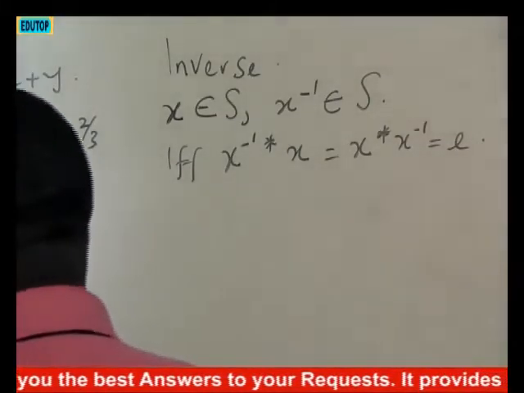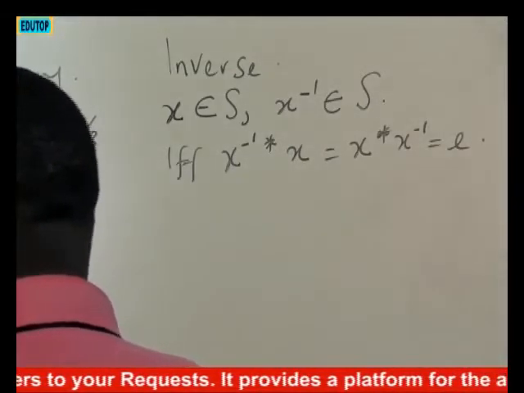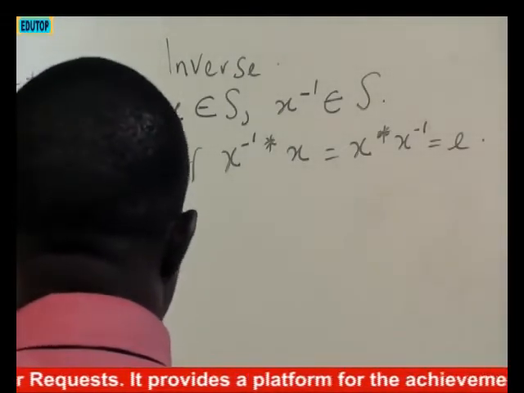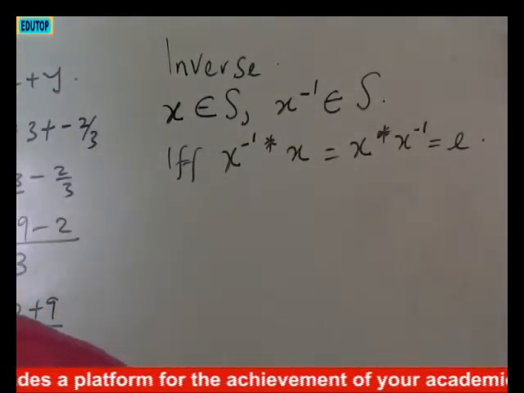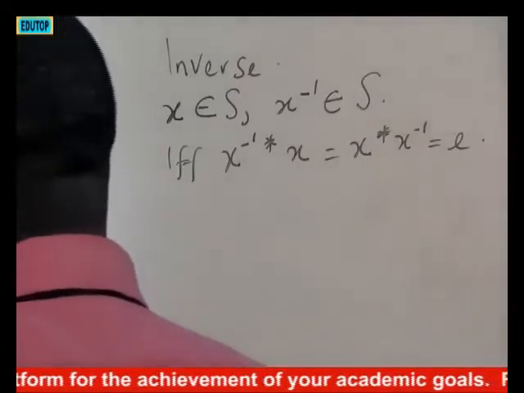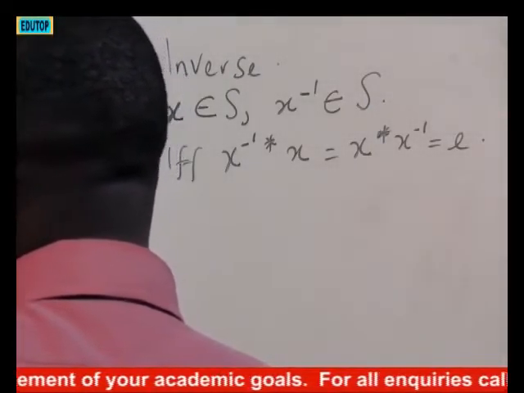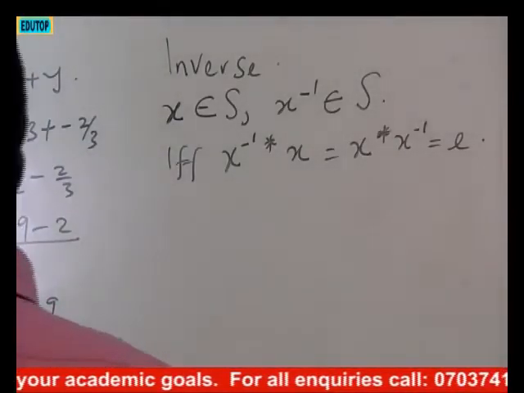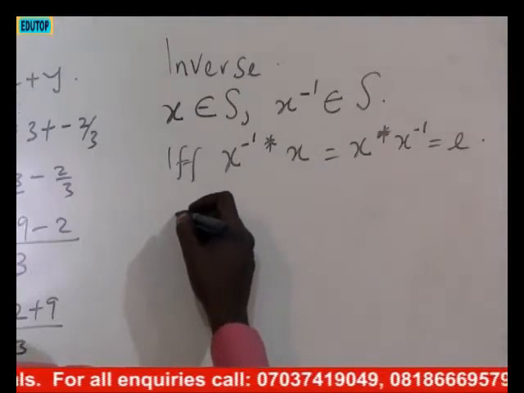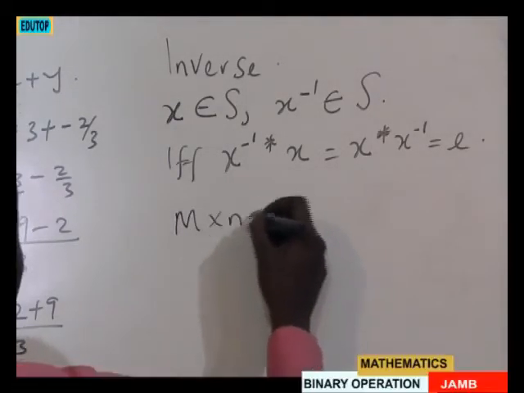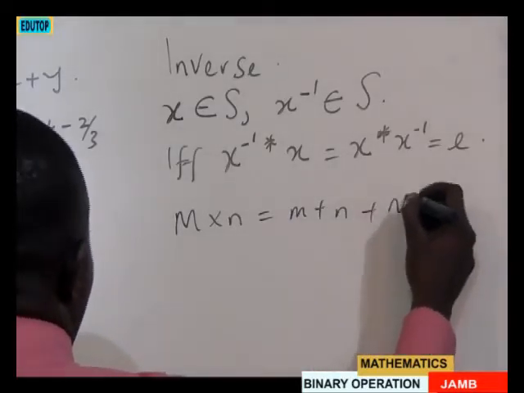So in that situation, I think a relation has been given to us in this respect. If it is not given to us, as in question 5, the relation is not given to us, so that means we have to look for a binary operation star defined on the set of real numbers m and n under the operation m star n, which is the same thing as m plus n plus mn.